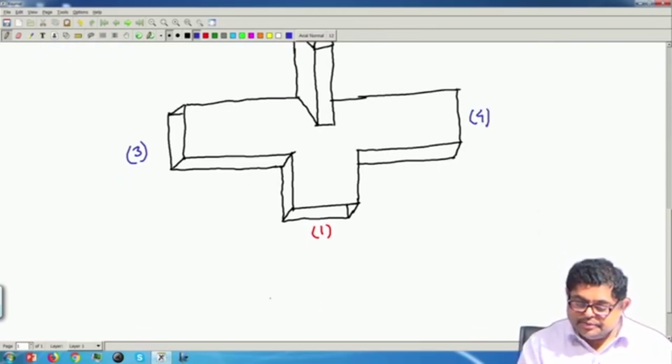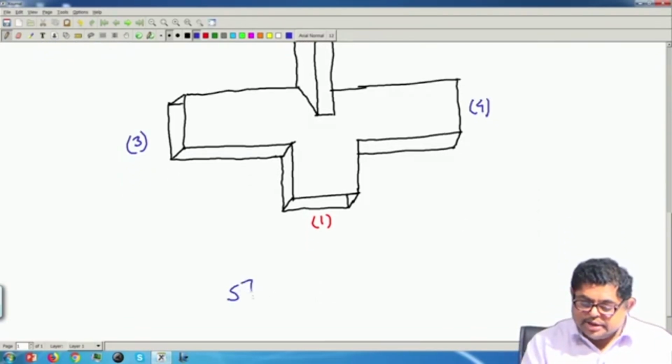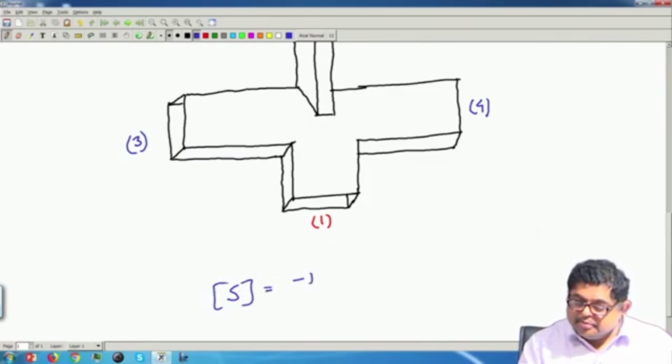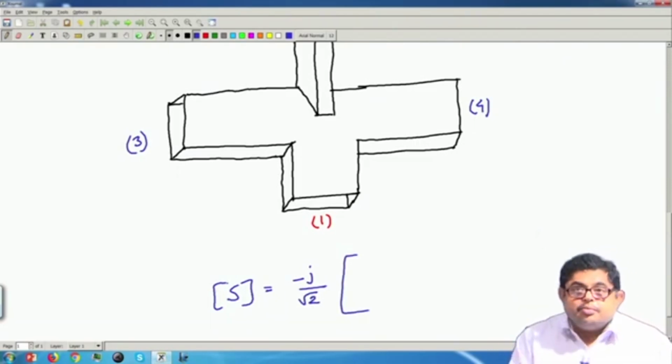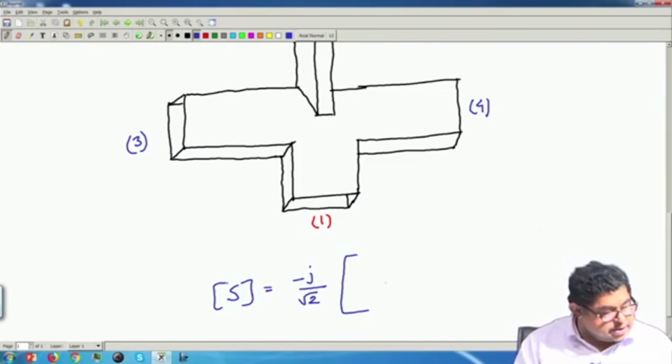And we know its S matrix, the scattering matrix, that is given by minus j by root 2. Please remember, scattering matrix is the voltage wave ratios, reflected by incident.